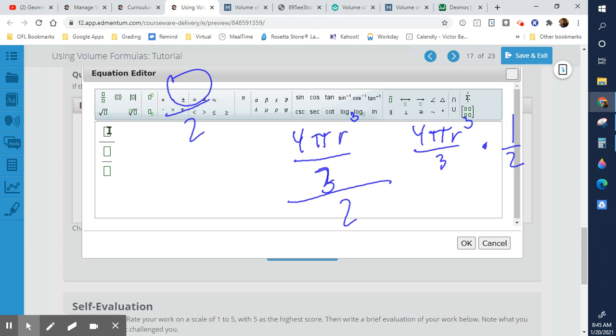So you're kind of doing a type of inception with these fractions. 4 pi r cubed. This is a 3. This is a 2. This is equal to, I'm just going to copy these first two, or I guess I'll copy the whole thing, but I'll delete the 1/2.